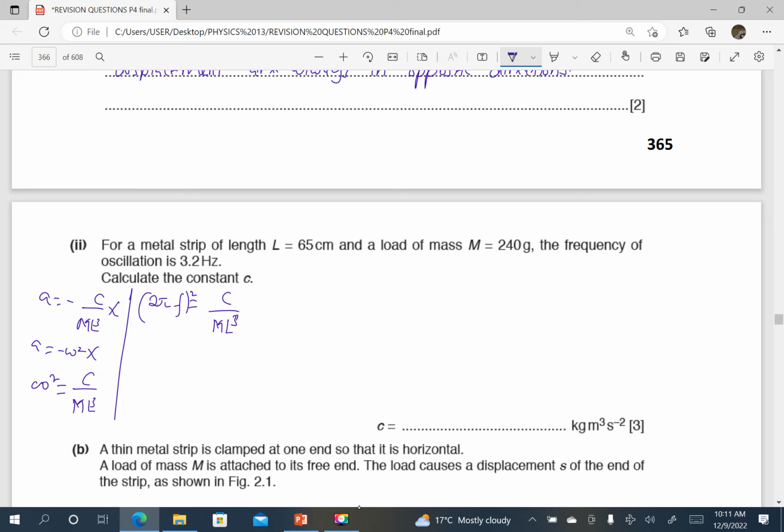So I'm substituting, and I want to find C anyway. So I'll just say 2 pi times f, f is 3.2, this should be squared, times, making C the subject now, M, 240 grams, 240 divided by 1000, that is 0.24, times L, L is 65 centimeters divided by 100, that is 0.65, and this is raised to power 3. This should be equal to C. I just cross multiplied, so I'll check my calculator.